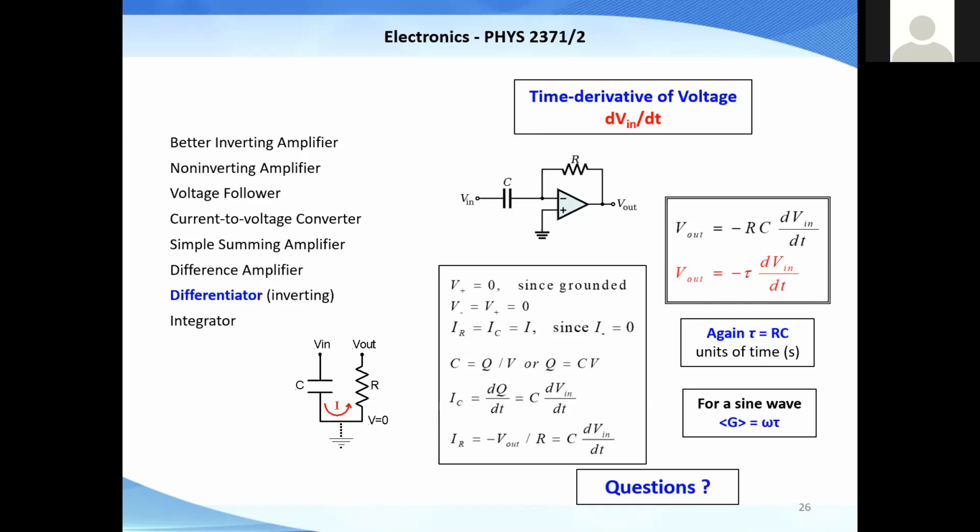Is it going to be a tau from an RL circuit? No, there's still a capacitor. I forgot to tell you that the integrator is just reversing the R and the C. We're not putting in an inductor. Is it 1 over tau times the integral of V dt? Yeah, good question.